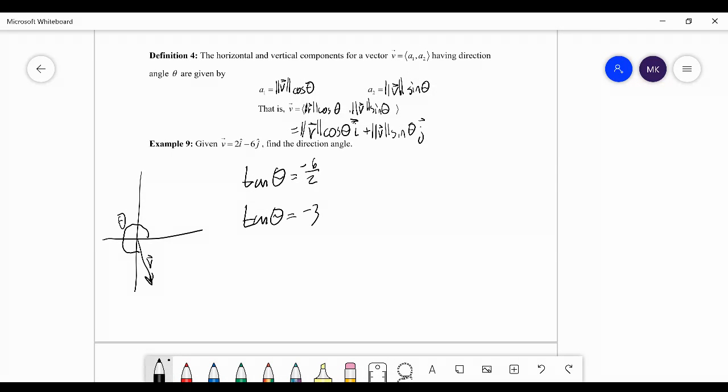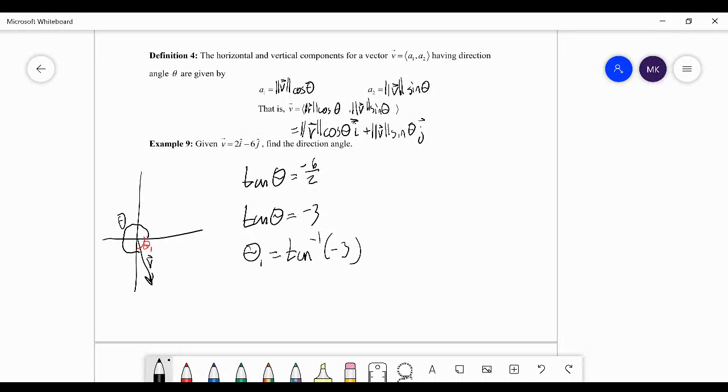Instead of a reference angle exactly, I'm just going to call this theta 1. Theta 1 is equal to inverse tan of -3. So theta 1 is going to be this angle here.